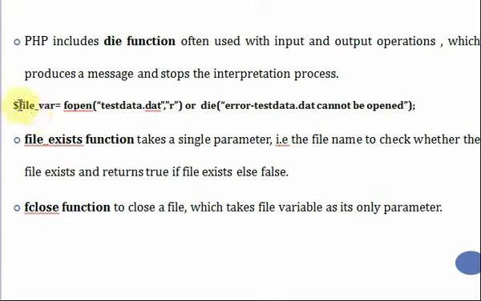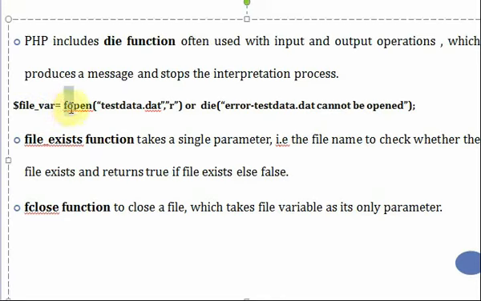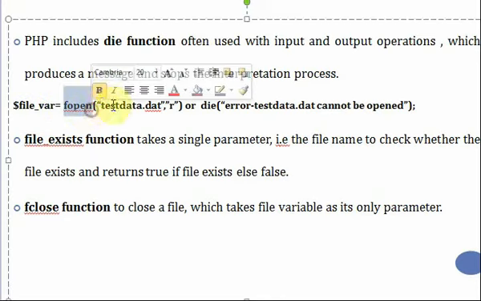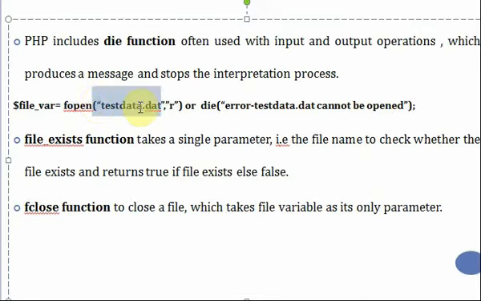Before that, we'll just see an example here. You can see here we have fopen, and within the brackets the first parameter, that is a file name, followed by the next parameter, the indicator. Here you have just specified the file name, that means the file is in the current directory, followed by the indicator or the mode, which tells it is read mode. What is the meaning of this?